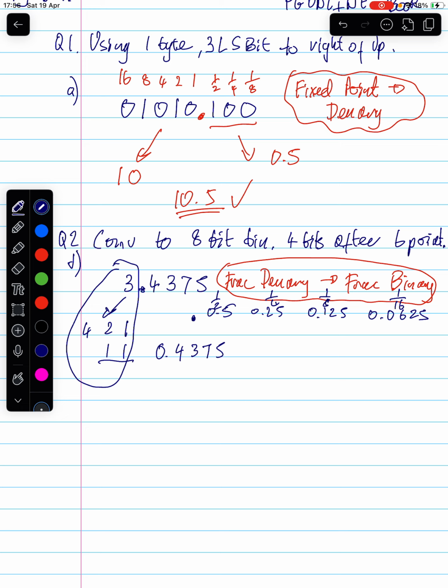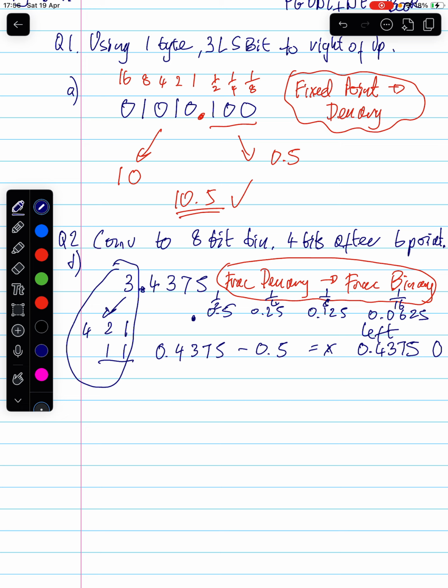So the first thing we're going to do is attempt to take away 0.5. Can we do that? No, we can't do that. But what we're left with, because we couldn't take anything off, is the whole amount, 0.4375. Because we couldn't take anything off, we have a 0 there.